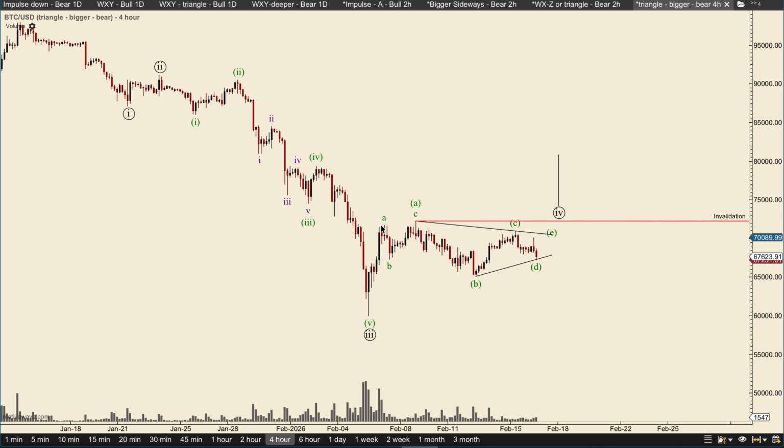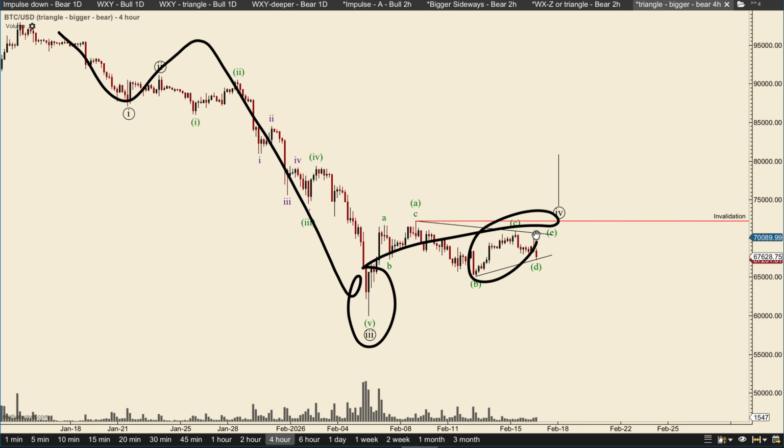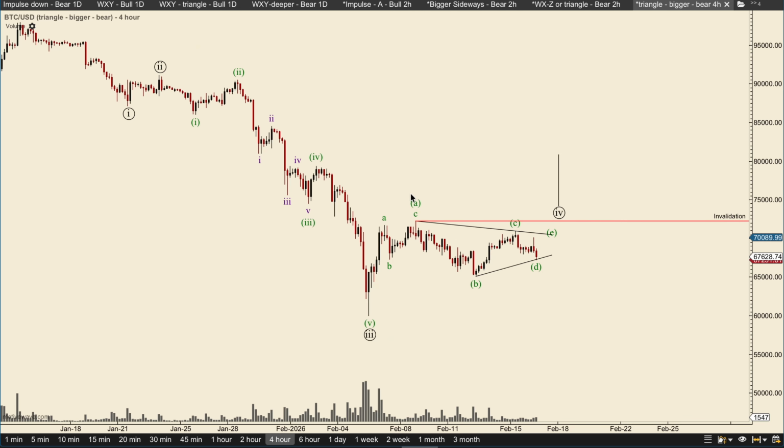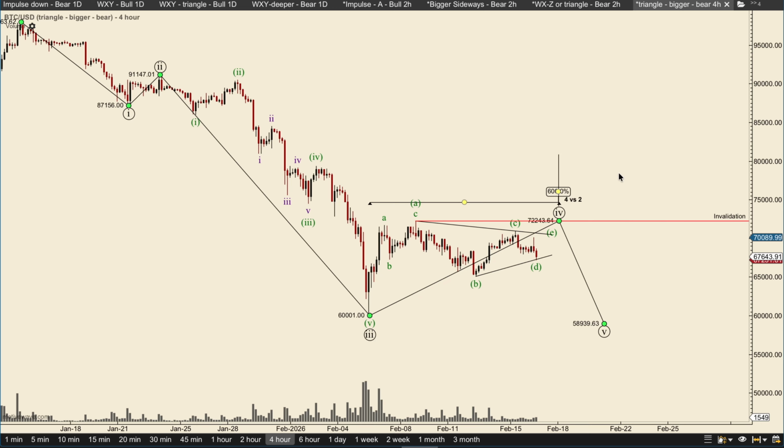So if you zoom out here, you can see that leading down to this move, if we count the move, you have wave 4 over here, and I have marked that here with time. So here is the 6 fib time that you don't want to hit if you are looking for a wave 4.